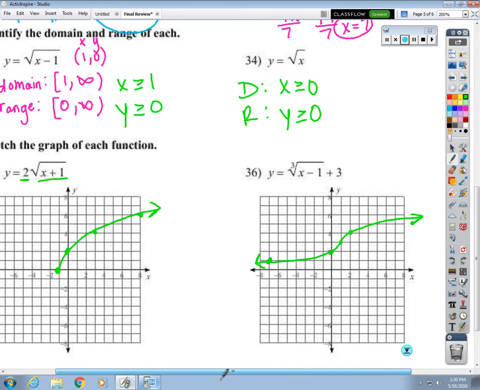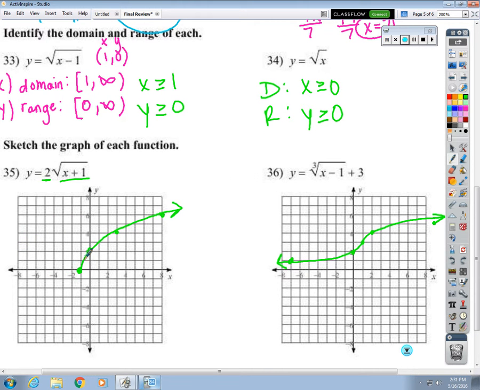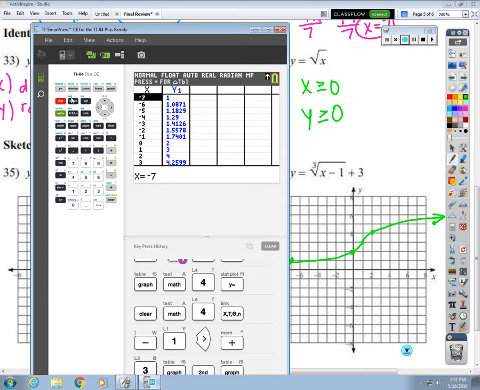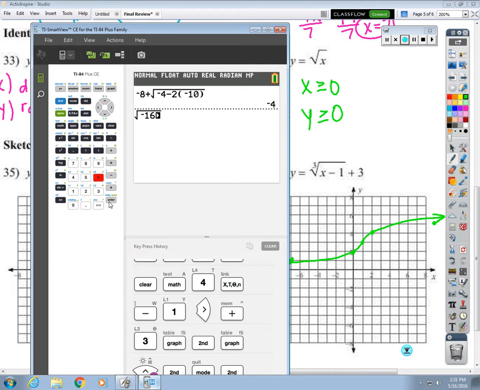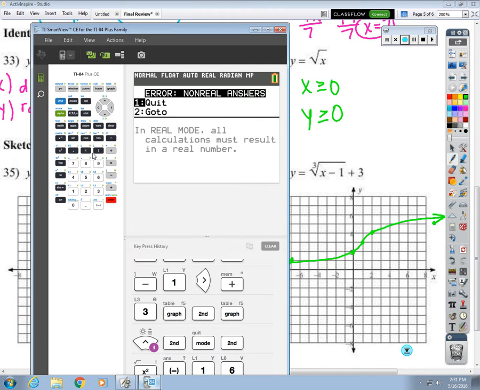Now, let's talk about why over here you only see from here and then to the right, but with a cube root, it goes right and left. Look at this. If I try to take the square root of a negative number, like the square root of -16, it doesn't give me an answer because you can't take the square root of a negative number.